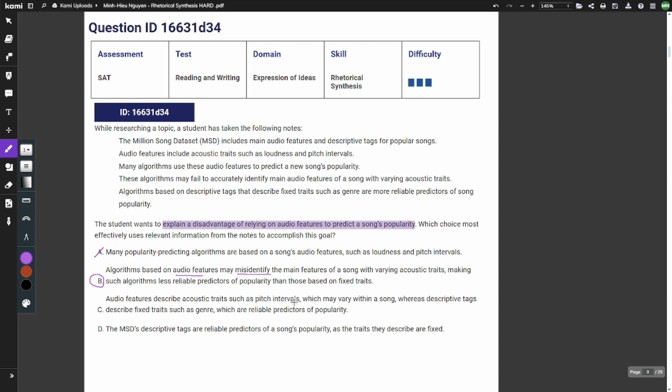Yes, it says that pitch intervals may vary, but it doesn't talk about how that might be bad. So C is not our answer. D. The MSD's descriptive tags are reliable predictors of a song's popularity as the traits they describe are fixed. Okay, it's talking about descriptive tags, not audio features, so that's just wrong. So our answer will be B, because it talks about a disadvantage, which is it may misidentify something.